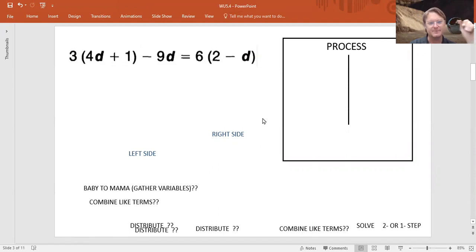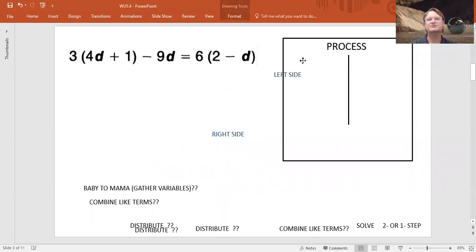Okay. So I'm going to kind of play with PowerPoint as I go through this, but I need you to have this jotted down. So I'm going to just kind of go through the process with you. And this represents the steps in the process. I am going to drag some of these letters over.